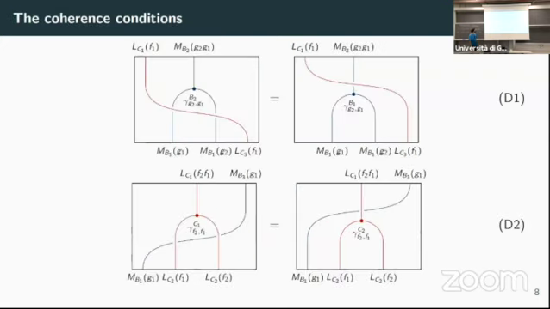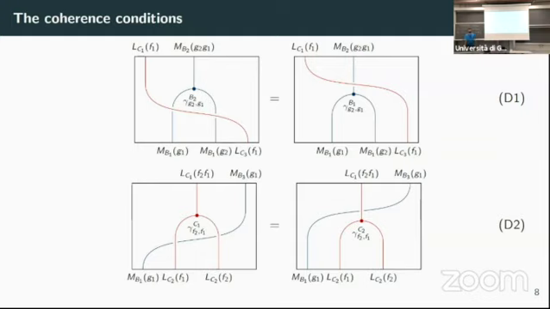But so we want conditions for this to actually be a lax functor. So I've told you how to define all the data. But the question is, what conditions do we need to ensure that this actually does give us a lax functor? So again, these conditions are best represented in terms of string diagrams. And they have these intuitive conditions where you have a red wire passing over a blue wire, and then there's the compositor, and you can just shift it above the compositor.